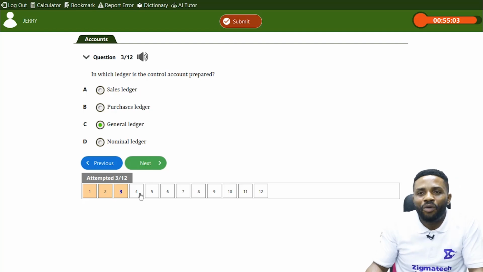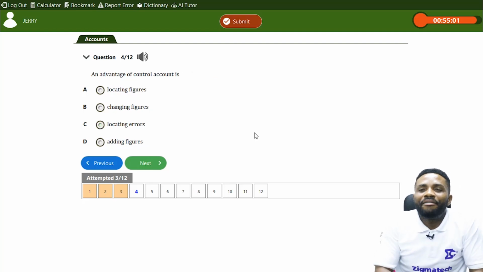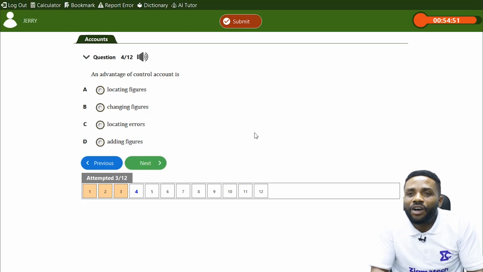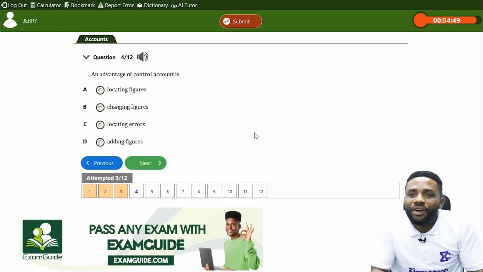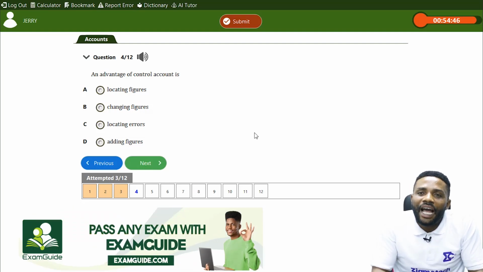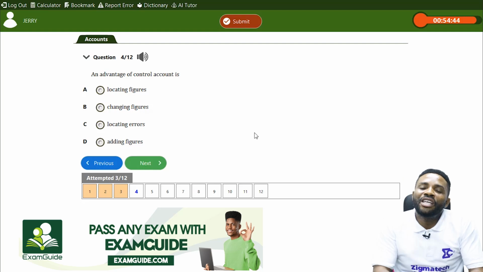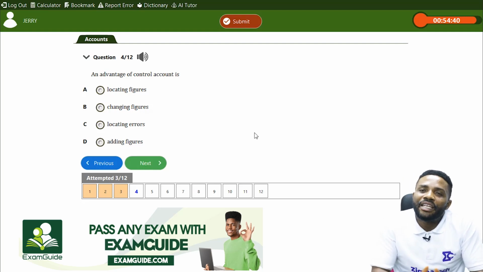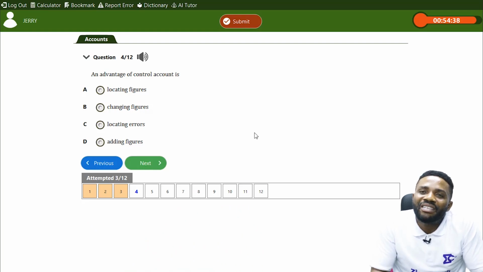Let's take one more. An advantage of control account is, we've already listed the advantages of control account. We say A, locating figures, B, changing figures, C, locating errors, D, adding figures. Now, students will ask, but you have also said that it helps us to detect missing figures.